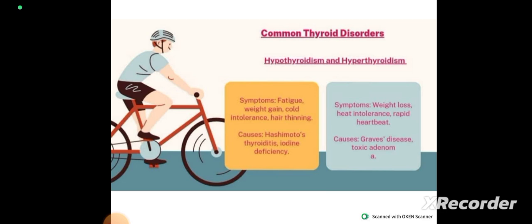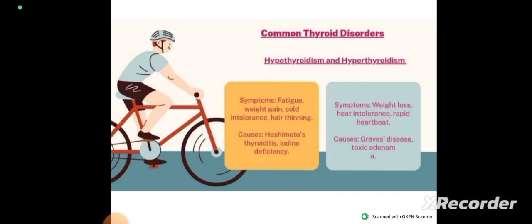Hypothyroidism symptoms are fatigue, weight gain, cold intolerance, hair thinning, and the main causes can be Hashimoto's thyroiditis and iodine deficiency. Hyperthyroidism symptoms are weight loss, heat intolerance, rapid heartbeat, and the causes are Graves disease, toxic adenoma.